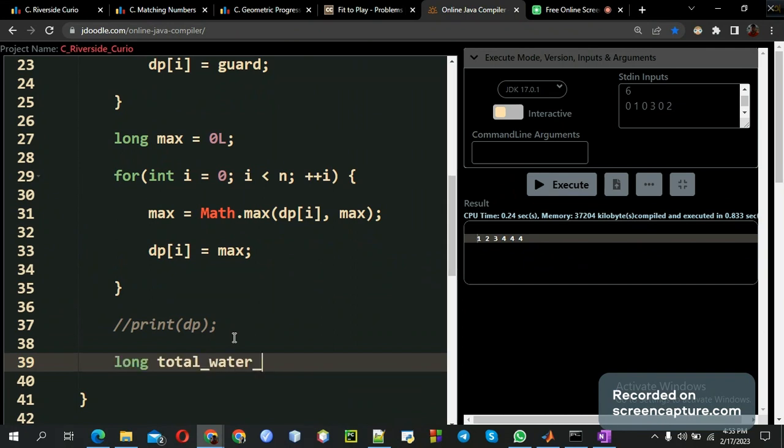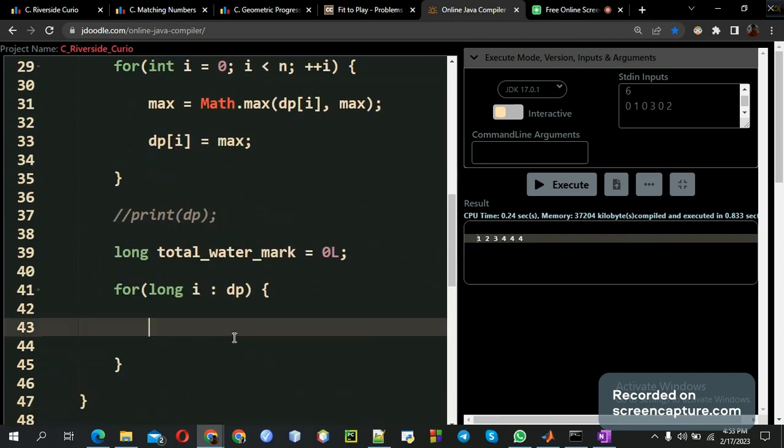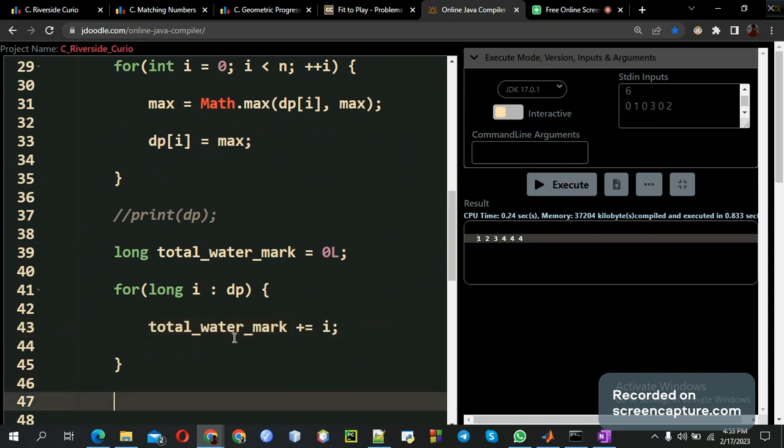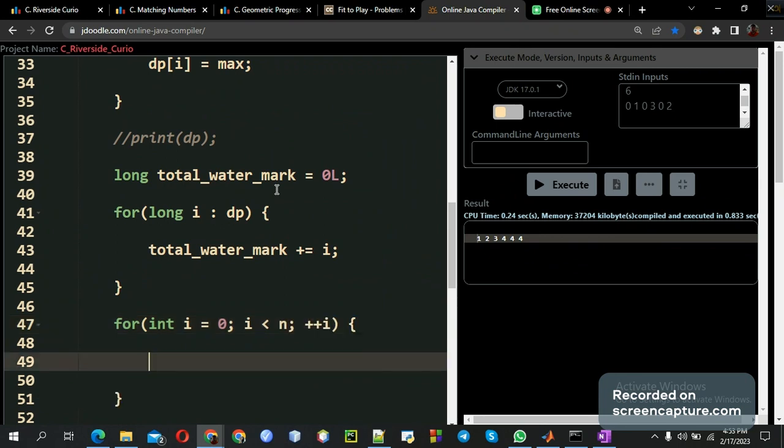So total watermarks is equal to 0, for long of i, dp, total watermark plus r is equal to i, and what we have to deduct, we will deduct the number of watermarks situated above the water level and the number of watermarks situated at the neck level of the water.